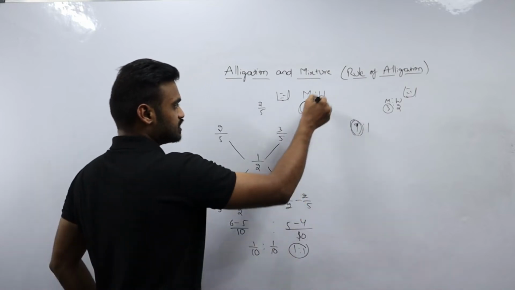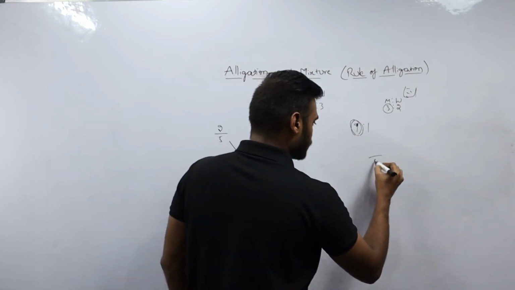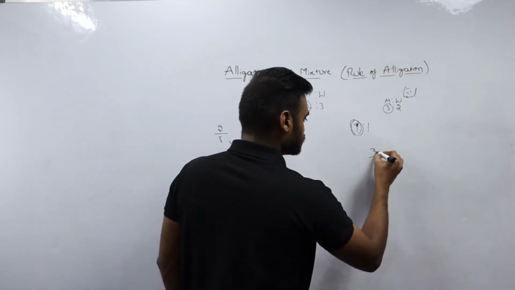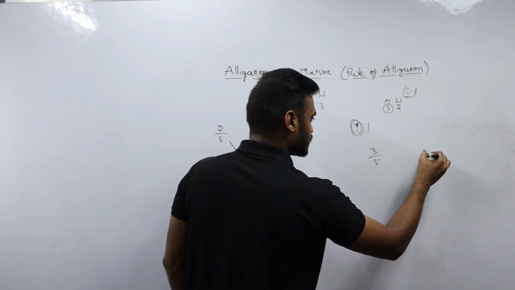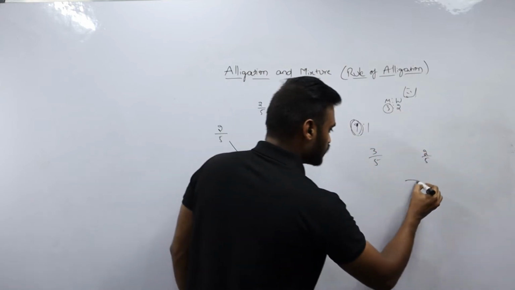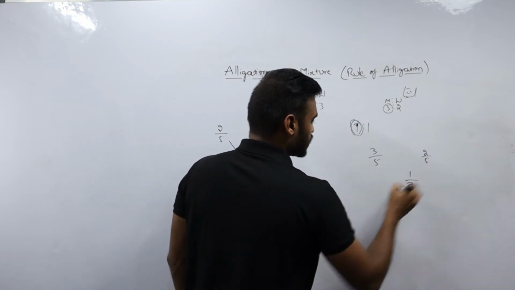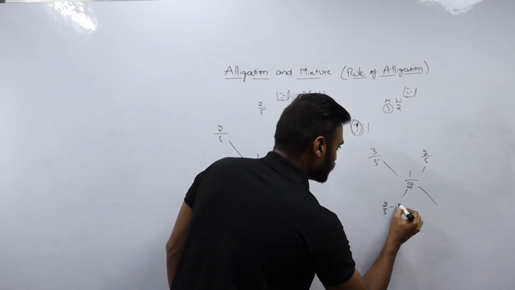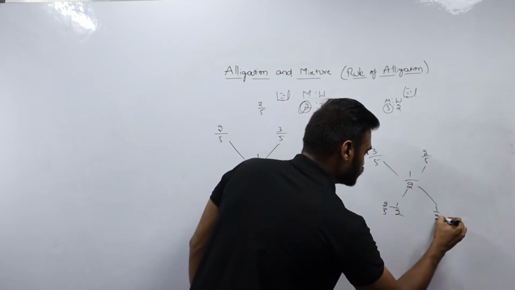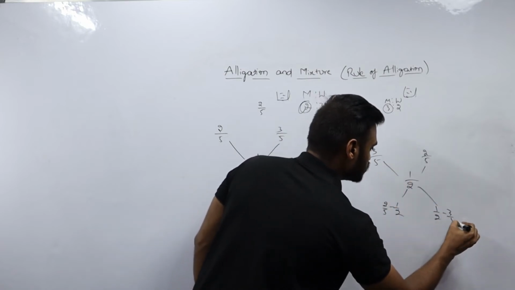See here, I am considering the water ratio. Out of 5 parts, the water ratio is 3 parts. In the same way, in the second vessel, out of 5 parts, the water ratio is 2 parts. In the resultant quantity, out of 2 parts, water is 1 part. So I will get 2/5 minus 1/2 and 1/2 minus 3/5.